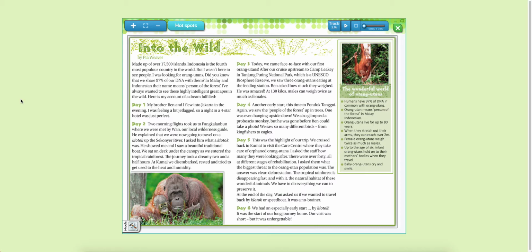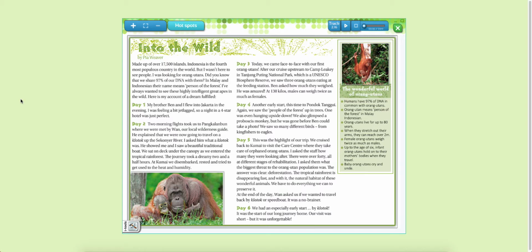I asked him what a clotok was. He showed me, and I saw a beautiful traditional boat. We sat on deck under the canopy as we entered the tropical rainforest. The journey took a dreamy 2.5 hours. At Kumai, we disembarked, rested, and got used to the heat and humidity.